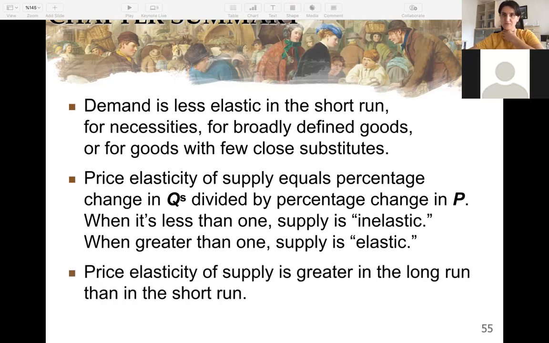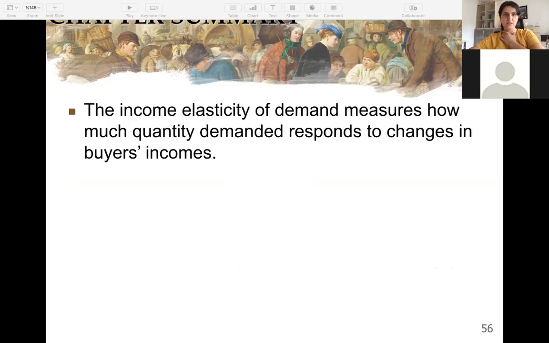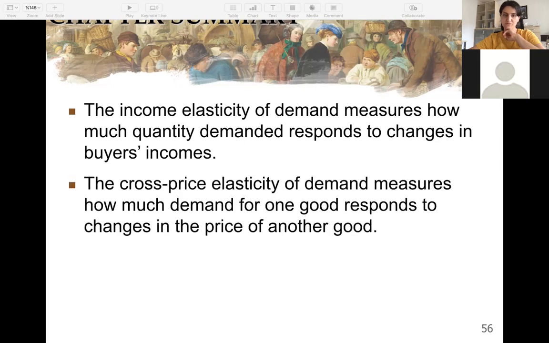Price elasticity of supply is greater in the long run than in the short run. The income elasticity of demand measures how much quantity demanded responds to a change in buyer's income. The cross price elasticity of demand measures how much demand for one good responds to changes in the price of another good.